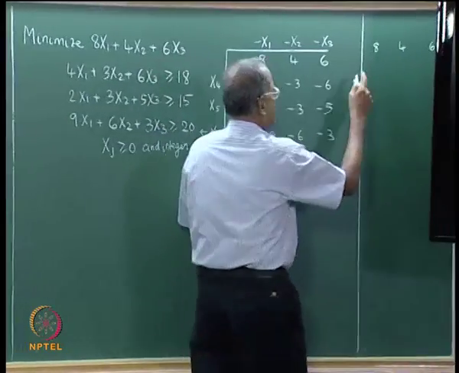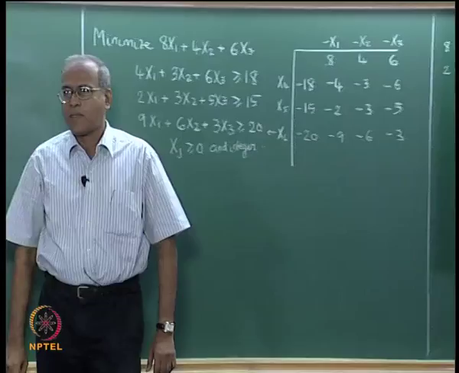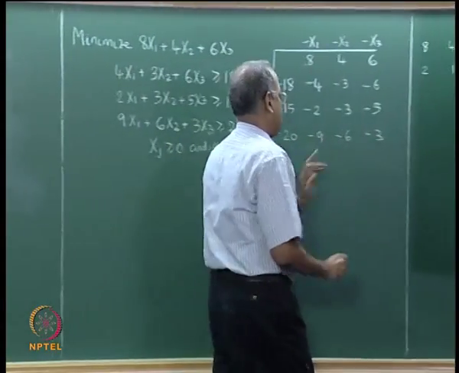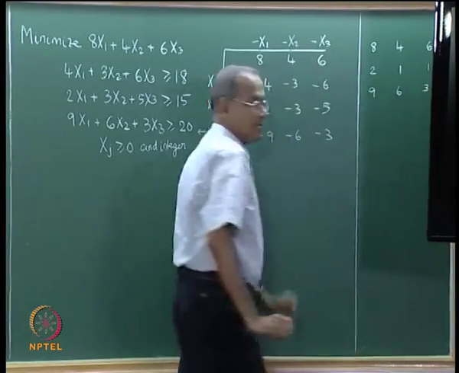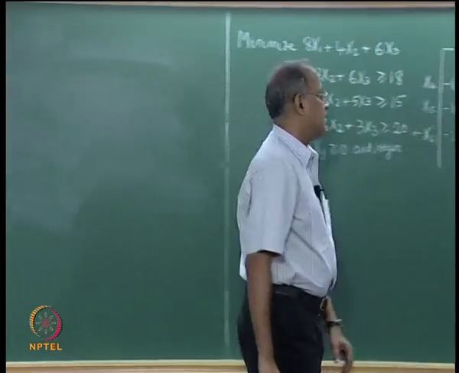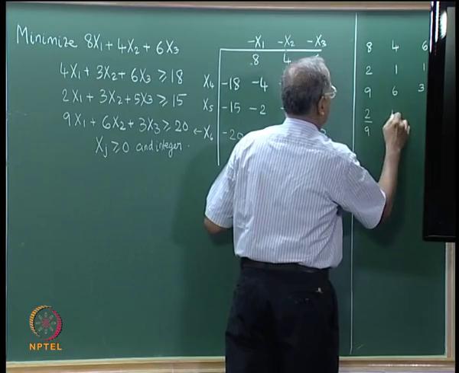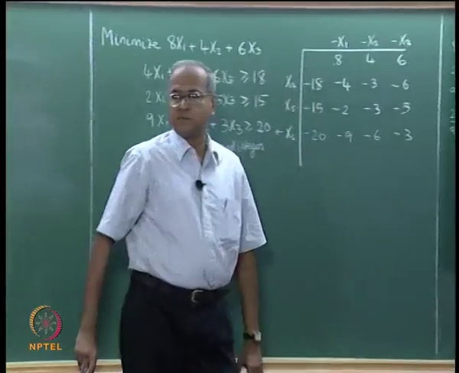That would give us 2, 1 and 1. Now take the positive values of this, 9, 6 and 3, and find the ratio. So you would get 2 by 9, 1 by 6 and 1 by 3.